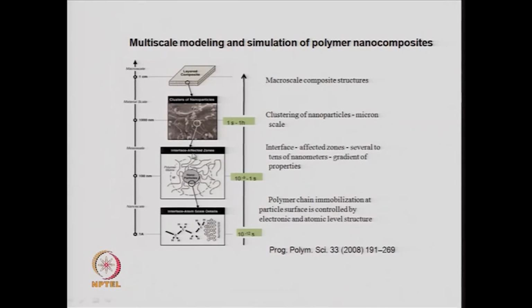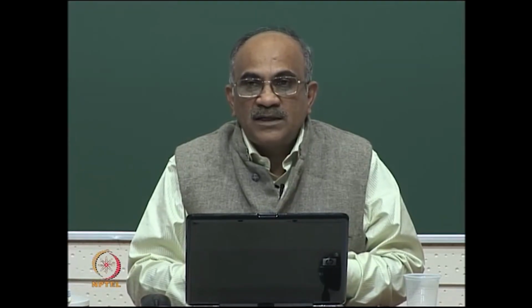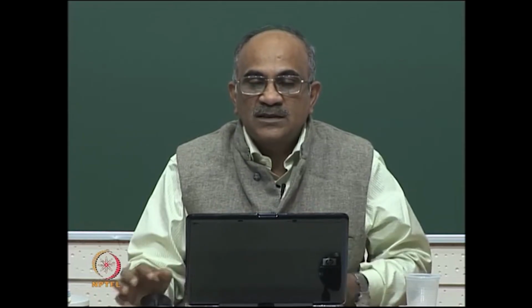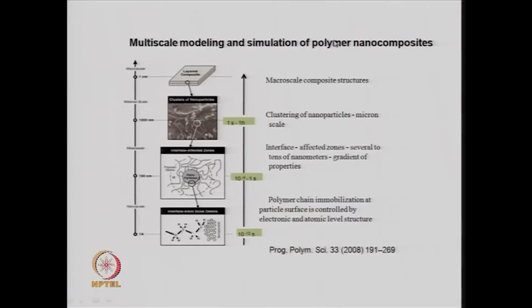So, since so many length scales are involved in the same material, the same material which is the final product, a layered composite, can be understood at different length scales. Hence, it is called multi-scale modeling. All these different length scales are built in when you try to understand theoretically or computationally the properties of a composite, especially polymer nanocomposites, where the matrix is a polymer and you have nanoparticles embedded in that, acting as a filler.